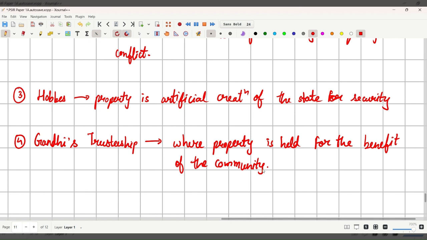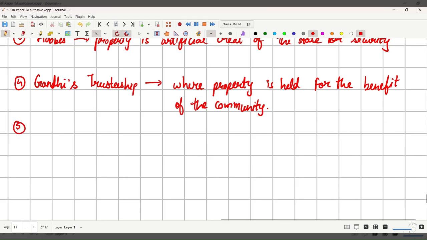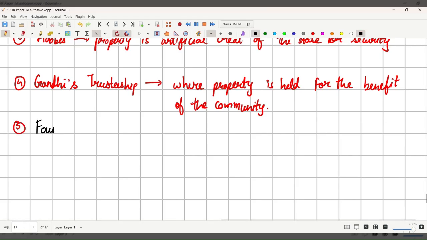And so this theory of property acts as the foundation of economic justice as well.